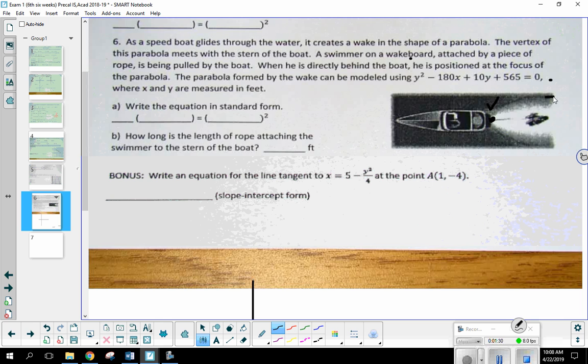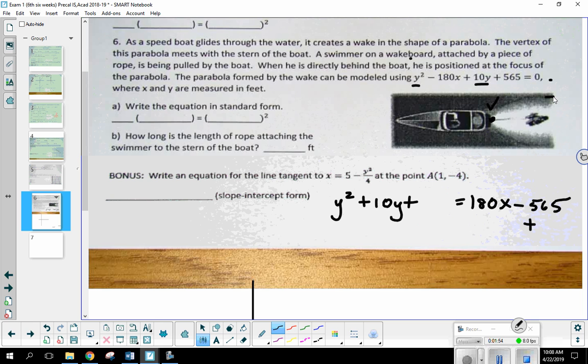Okay, so what we're going to have to do here is complete the square. So any term I'm not going to do that with, I want to go ahead and get rid of. Y squared plus 10y plus some number equals, if I go ahead and add 180x over, and if I subtract 565, okay, kind of ran out of a little room there.